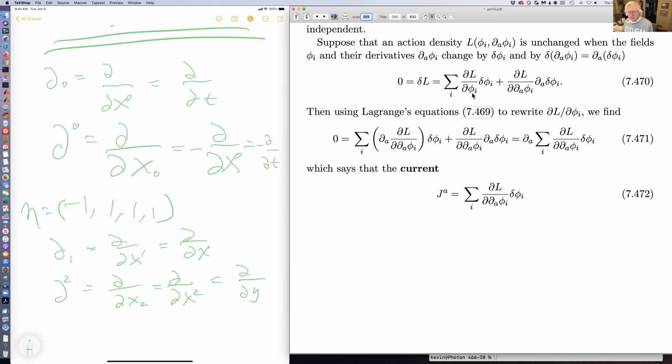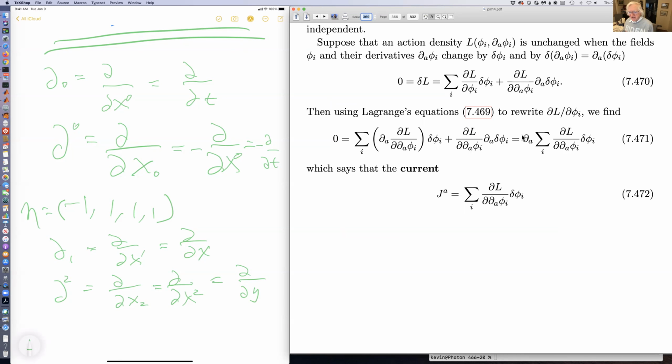the partial of L with respect to phi_I is the sum, a from 0 to 3, of the derivative d_a of the partial of L with respect to d_a of phi_I. But now if we look at this, we've got a d by dx^a here and a d by dx^a there.